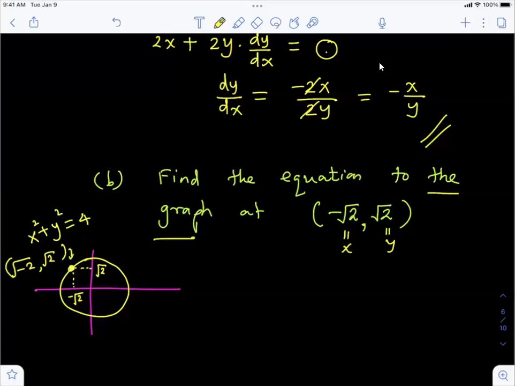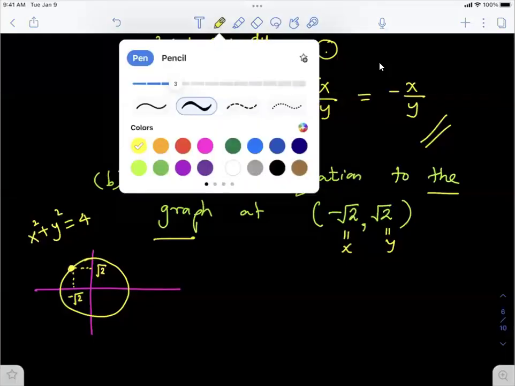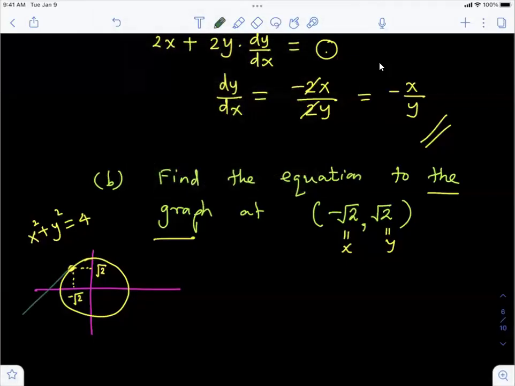Now, what we really need to do is to get the equation of the tangent line. Look at this, the tangent line looks like that. All you need to have is, first of all, the slope. How do you compute the slope?